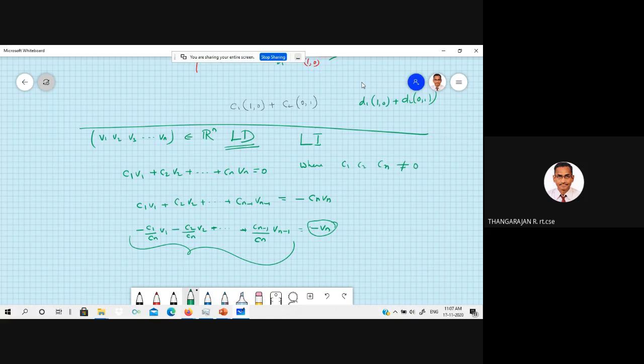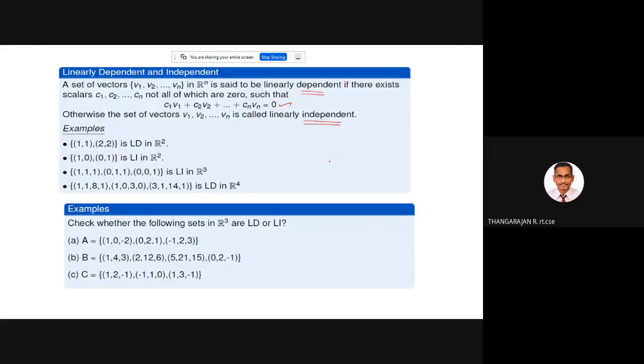When vectors are linearly independent, we mean that they are all orthogonal to each other. When vectors are perpendicular to each other, then we say they are linearly independent. So this is the term that you have to remember.